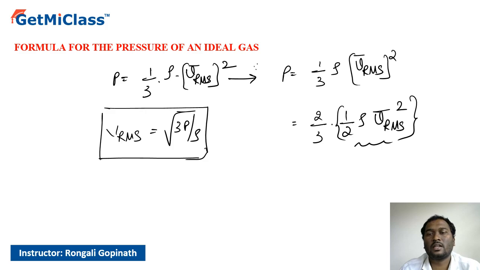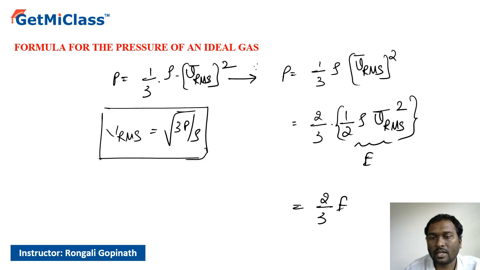Okay, what is density? Density is mass by volume. So half into mass into velocity square. Can I call it translational kinetic energy? Because translational kinetic energy is half mv square. If I divide this kinetic energy with volume, can I call it kinetic energy per unit volume, which we will represent with E, so pressure is 2 by 3 times E, where E is called as what?